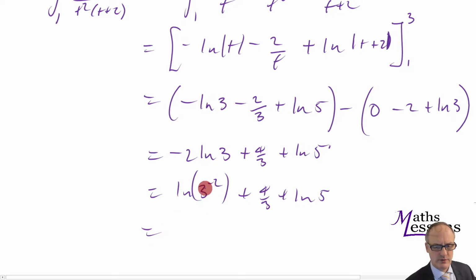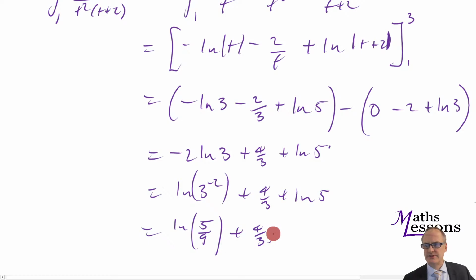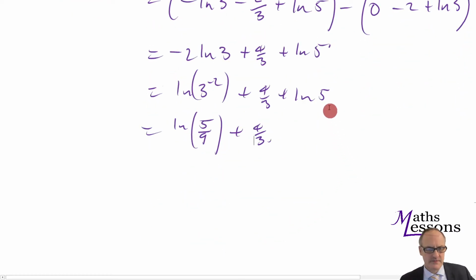So that's natural log of 5 over 9, plus 4 thirds. Alternatively, I could have just done to the power of 2 and had minus natural log of 9. Then when you're subtracting the natural logs, you realise you get a fraction. Plus 4 thirds.